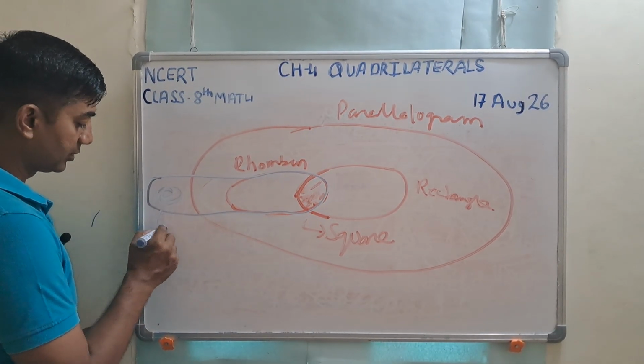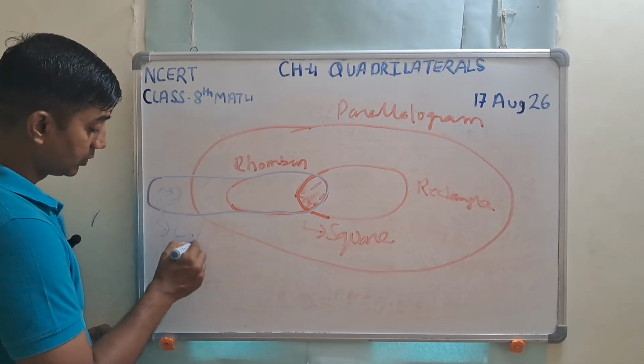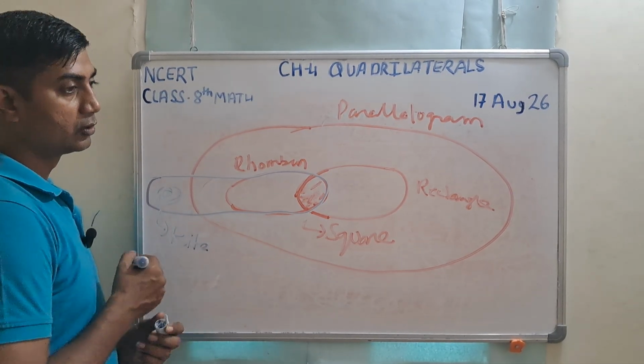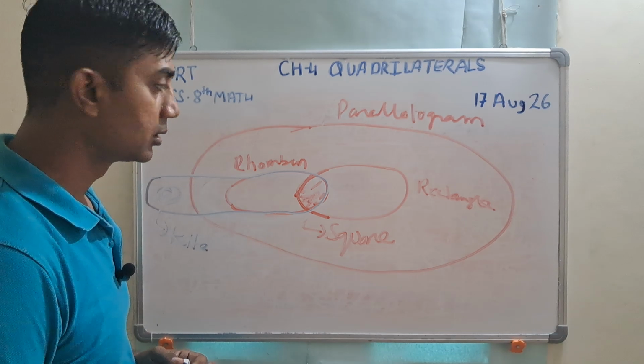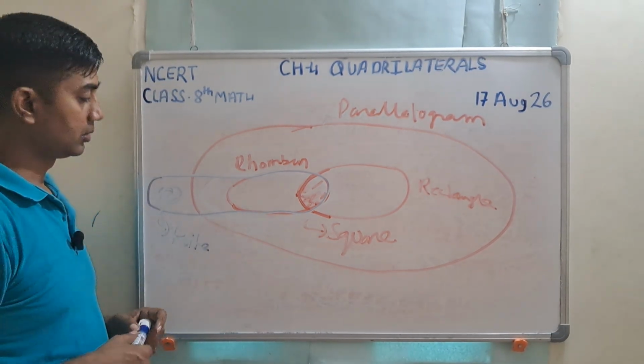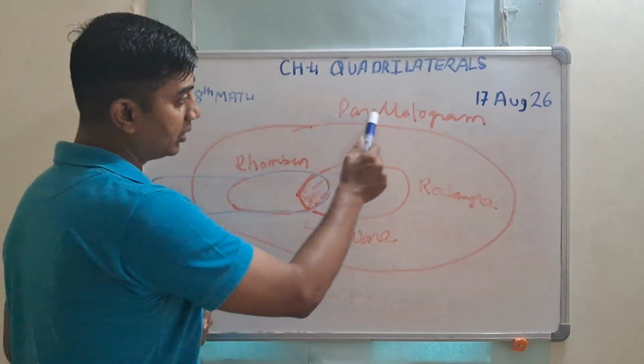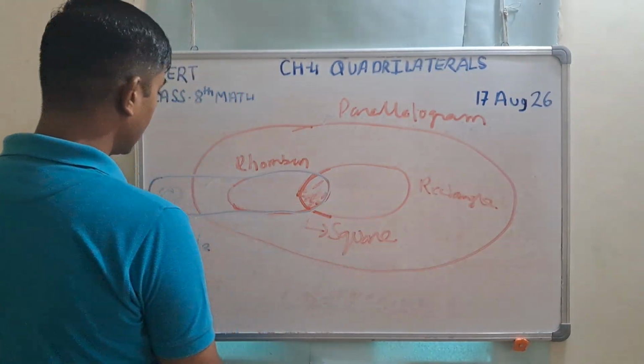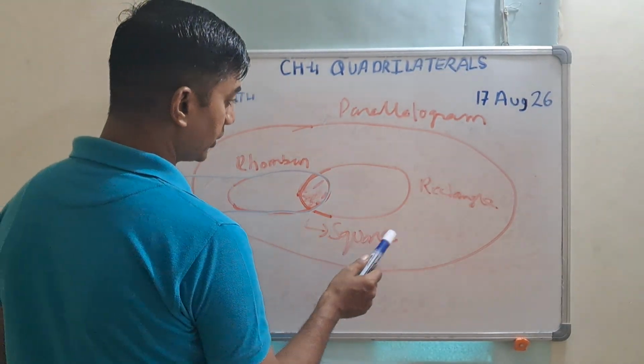This portion is saying that those which are not rhombus, those which are not square, but they are kites. Understood? So this is the diagram of the parallelogram, kite, rhombus, square and rectangle.